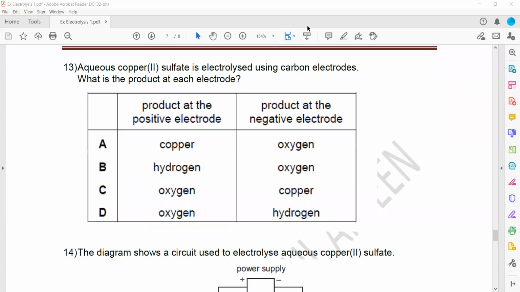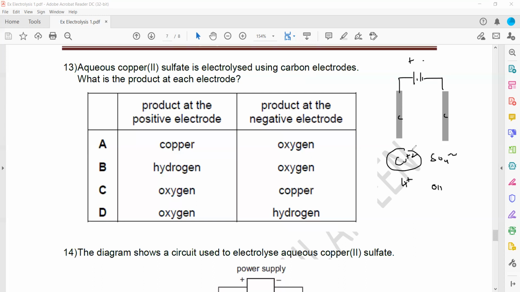Aqueous copper(II) sulfate using carbon electrodes. What is the product? So if you use carbon electrodes, for copper sulfate, copper ions are there, sulfate ion, hydrogen ion, and hydroxide ion.